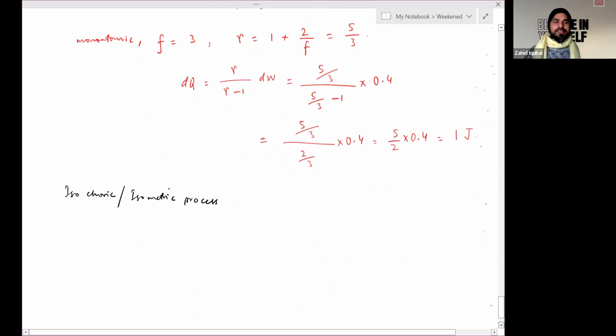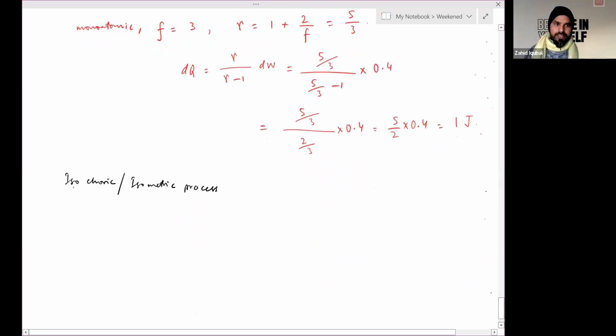Now the next process is isochoric or isometric. It is also called Gay-Lussac's law. The process which is carried out at constant volume is called isochoric or isometric.